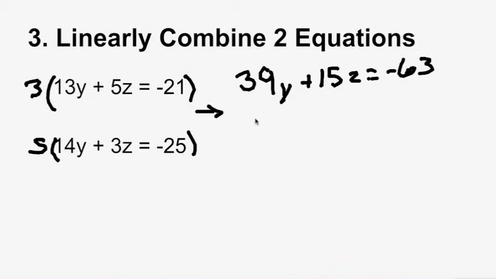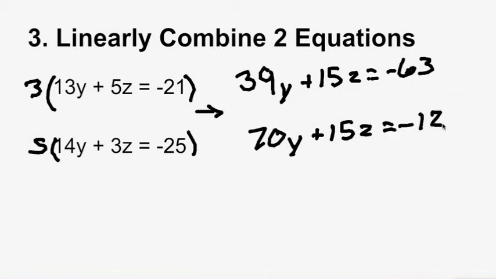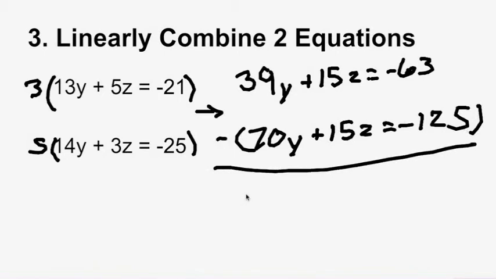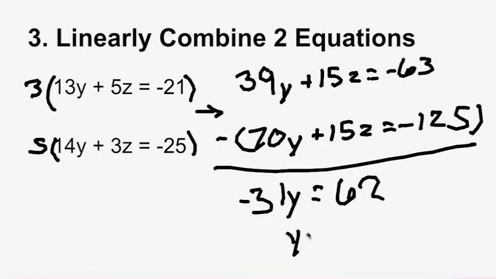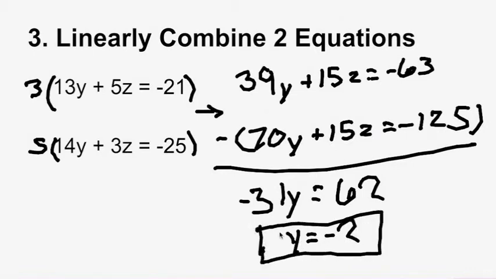And this bottom one will be 70y plus 15z equals negative 125. And we are going to subtract the second equation. So then we would get negative 31y plus 0z equals 62. So then divided by negative 31, y equals negative 2. And that is the first answer for our ordered triple.